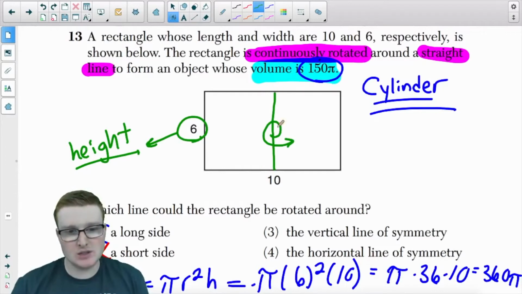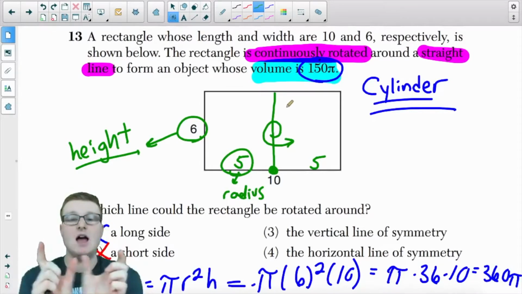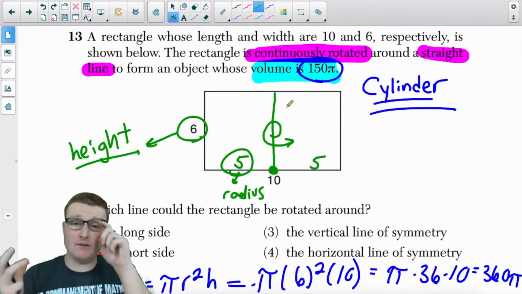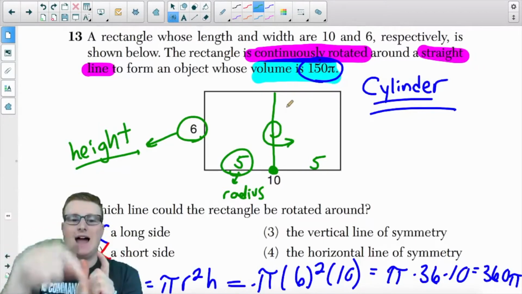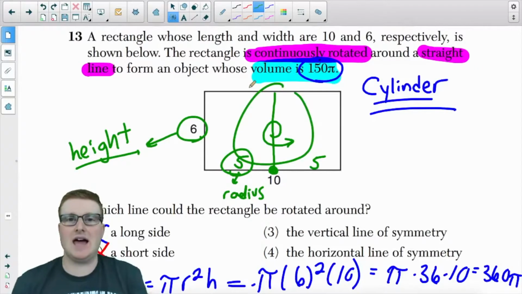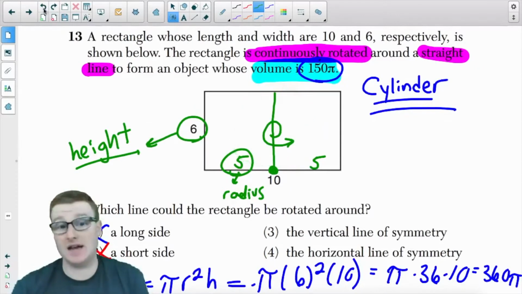Because what we just did is bisect this side down here to get lengths of 5 and 5. This is your radius, the 5, not the 10. Because we're spinning it around, it's the perfect example of a revolving door. If you take two rectangles with a central axis, this in this case being the central axis of the spinning doors, and you spin it around, that's why the radius is 5, not 10.